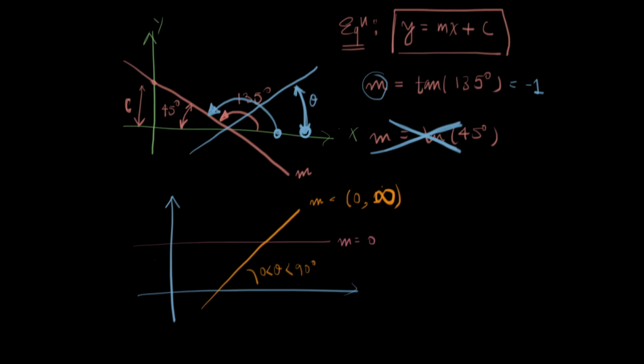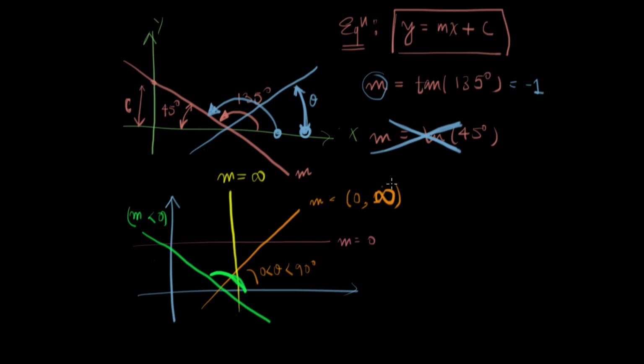If the line is absolutely perpendicular, something like so, then m is infinity, because the angle that it makes is 90. And if the line is sort of making an angle more than 90 degrees, oh, that's a very dark line. If the line makes an angle more than 90 degrees, something like this, then m actually takes all the negative values, so m is less than 0 in those cases.